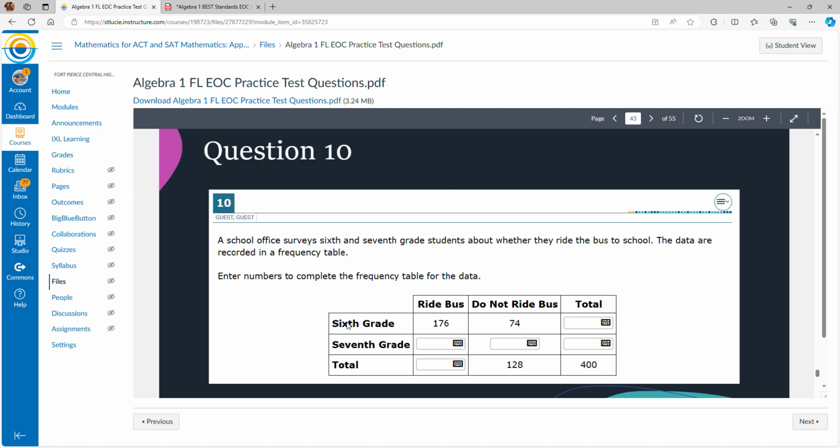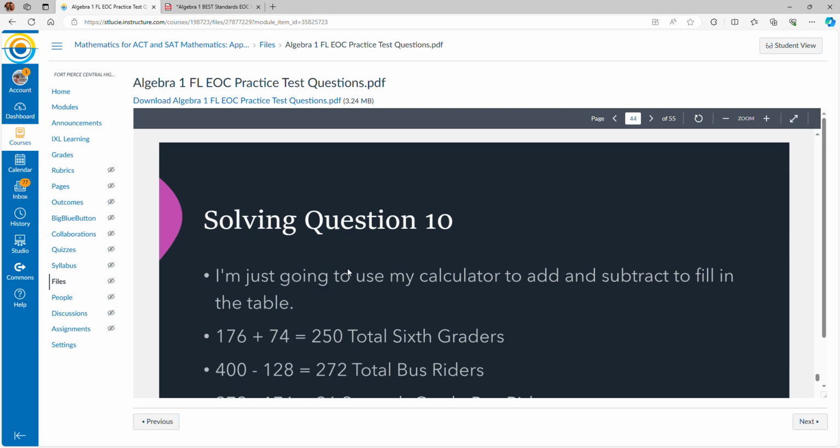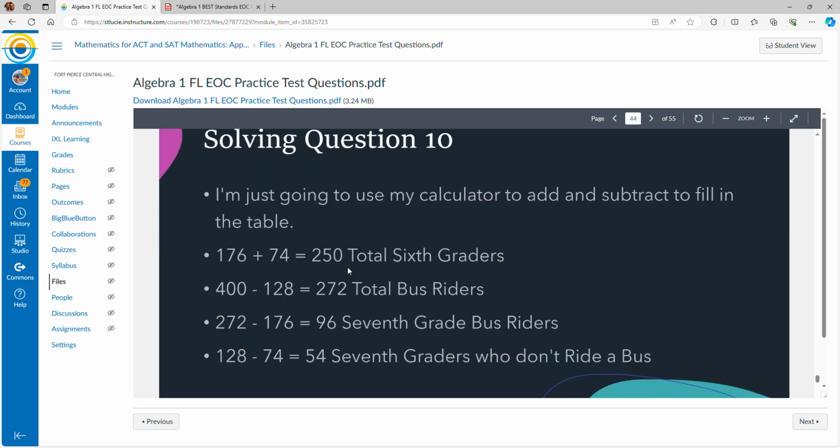So we've got 6th graders, 7th graders, and total students who ride the bus or do not ride the bus, and the total amount of students. I'm not sure how you would solve this, but for me, I'm going to go straight to my calculator to add and subtract to fill in the table.